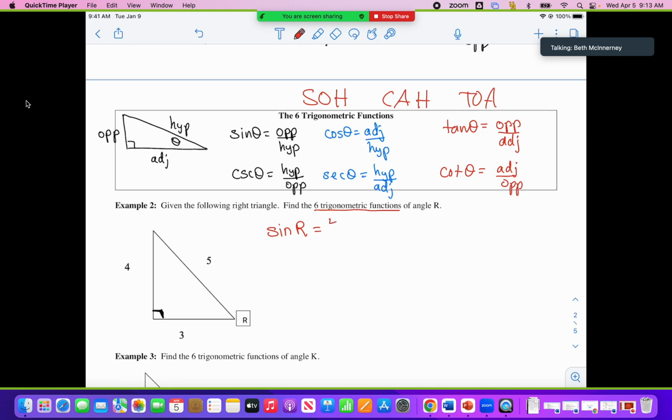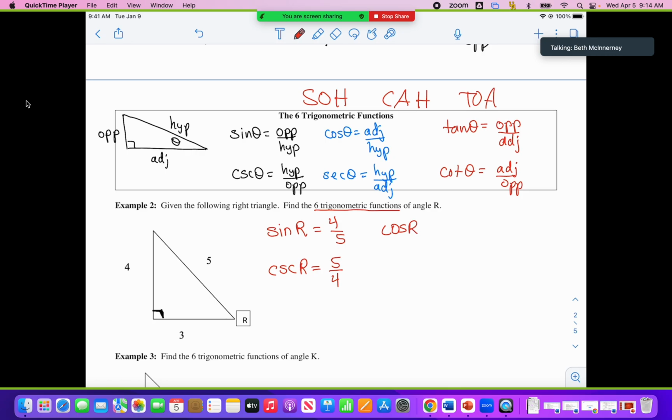Good job, it's 4 over 5. Now I immediately write the reciprocal underneath it because all I'm going to do is flip my fraction. So cosecant R is 5 over 4. Does that make sense, how they go together?